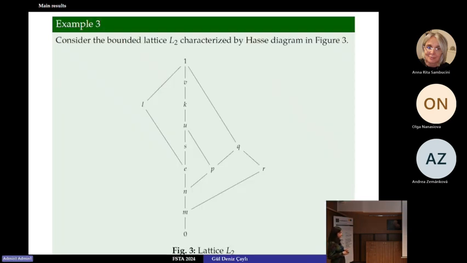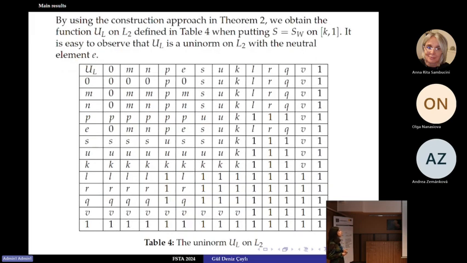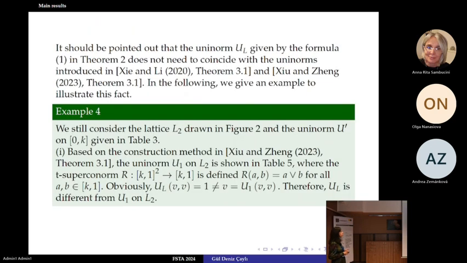Considering these bounded lattices and the uninorm U prime defined in this table, based on the construction method in theorem 2, we can obtain this uninorm when considering a drastic T-conorm. We should note that our construction method does not have to coincide with some existing uninorms introduced in this paper.